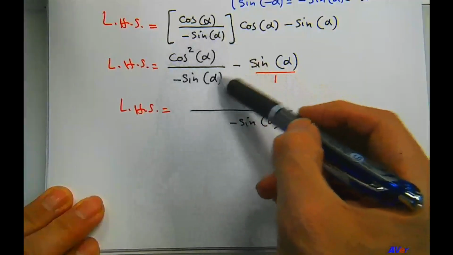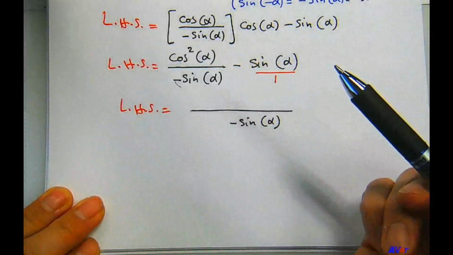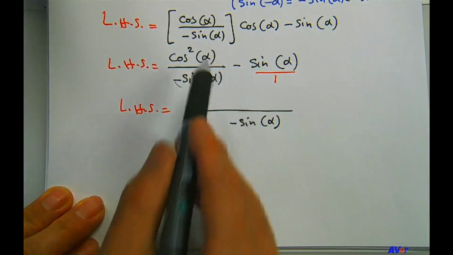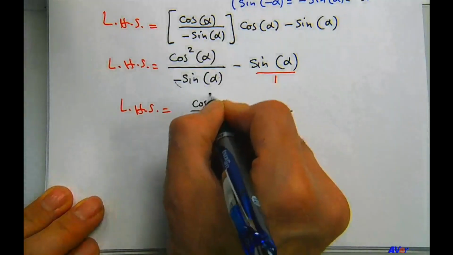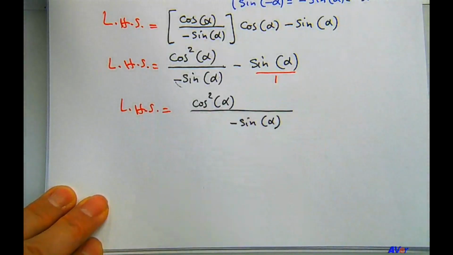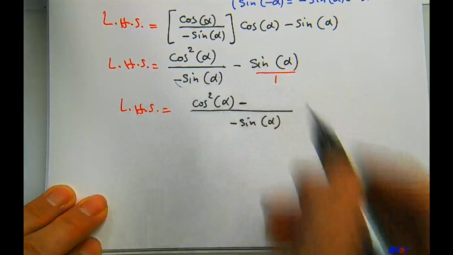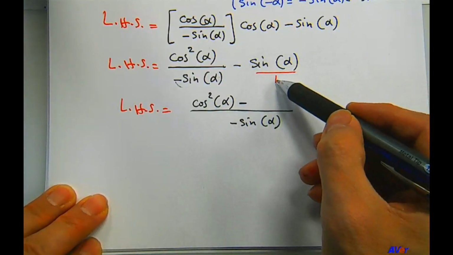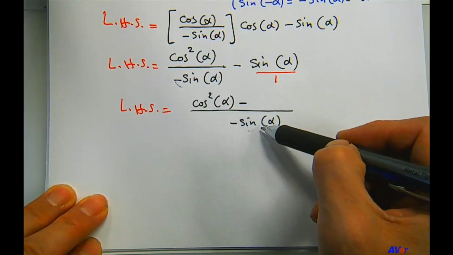Do we have to do anything to this fraction? No, because the denominator is already equal to the common denominator. So I'm going to write down cosine squared alpha. Then the minus. Do we have to do anything to this fraction? Yes, because the denominator is 1, not minus sine of alpha.